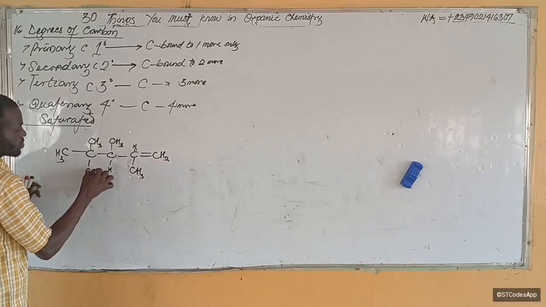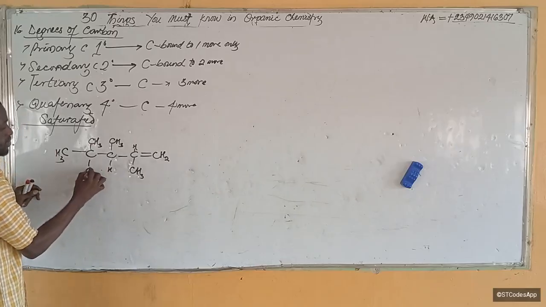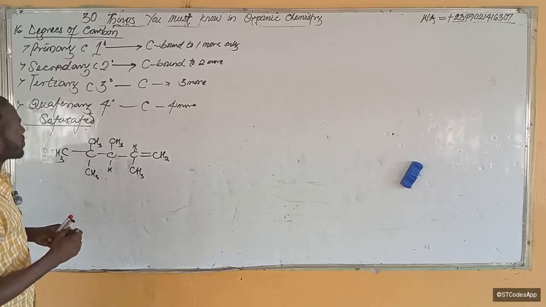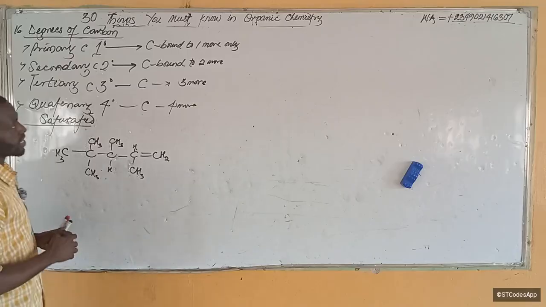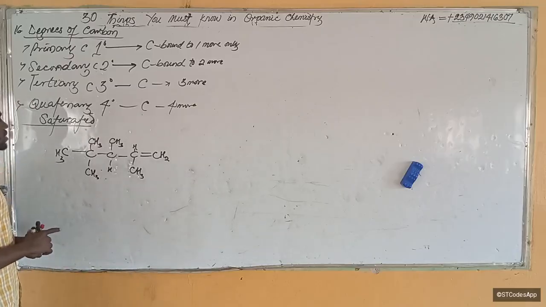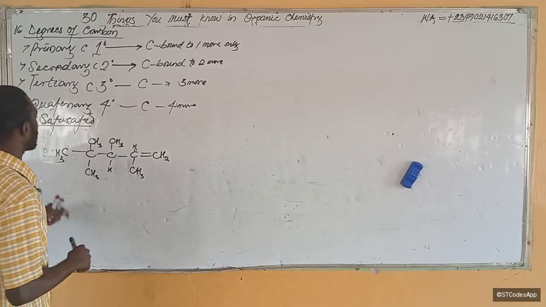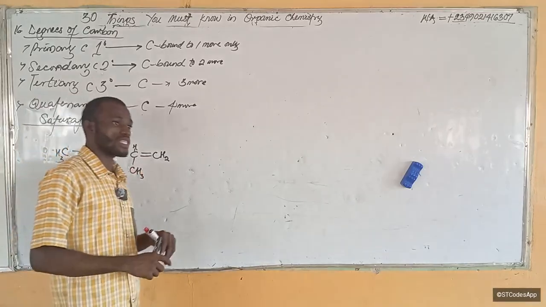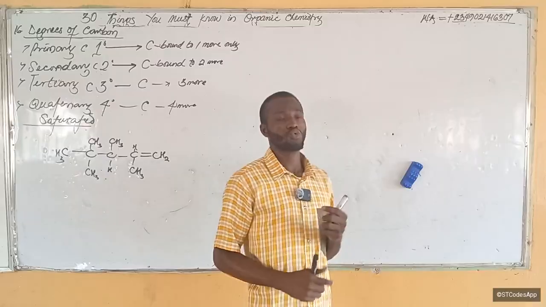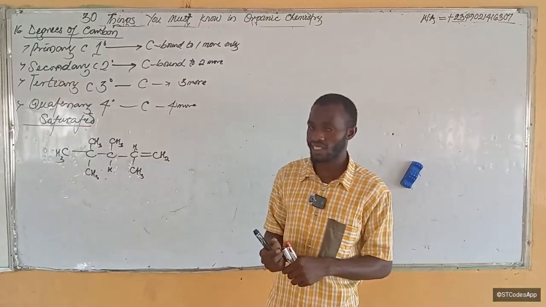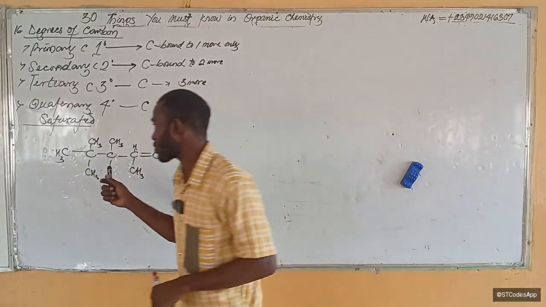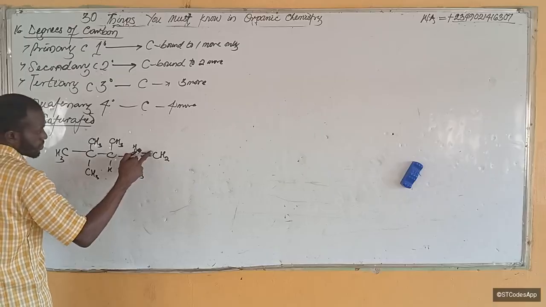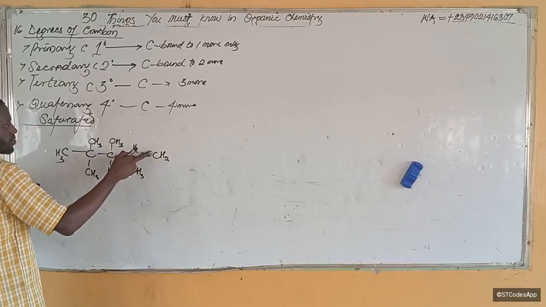What kind of carbon? Let's name these carbons. Each carbon here. What kind of carbon are they? Are they primary, secondary, tertiary, or quaternary? Remember, we don't designate primary, secondary, and tertiary to just alkanes alone. We also use the unsaturated. Look, I said I wanted to use saturated. Okay, for now.